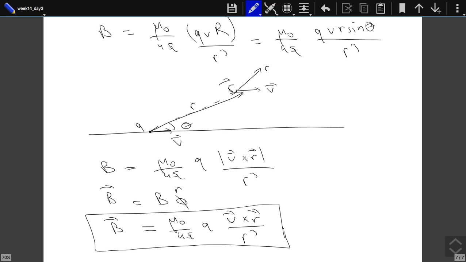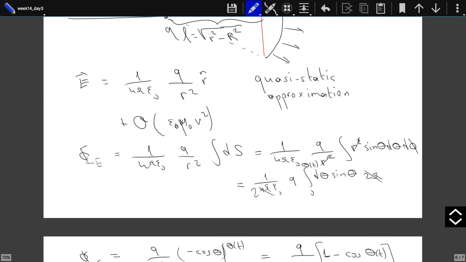Well, of course, this also changes with time, because v is constant, but r is constantly changing with time. So we have a time-dependent B field, which will induce an additional electric field to our quasi-static approximation.